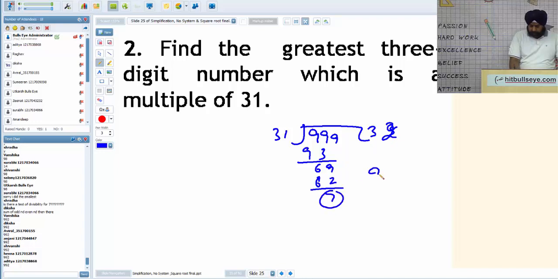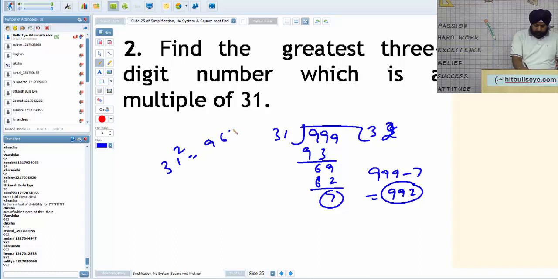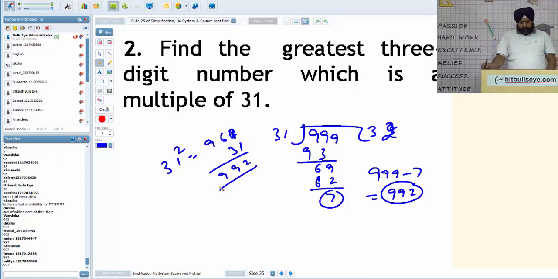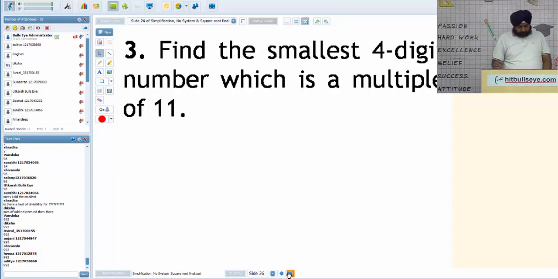So 999 minus 7, 992, is the answer. Or alternatively, if you remember, 31 square is 961, plus 31 gives 992, the number that is divisible by 31. Otherwise, the division method is there. So I move on to the next question.